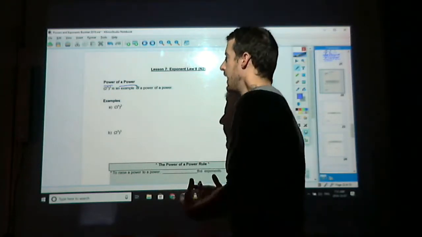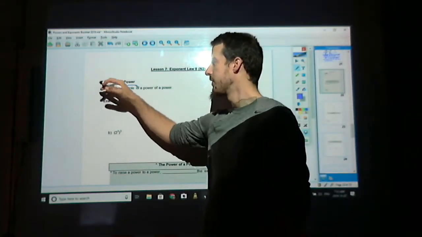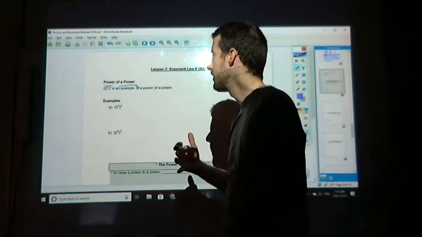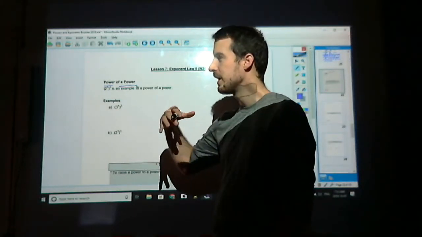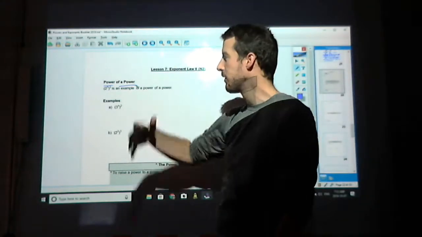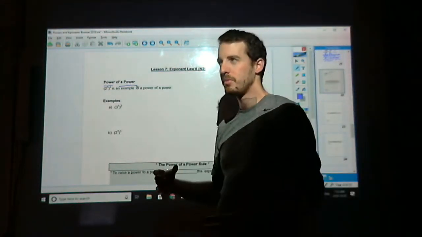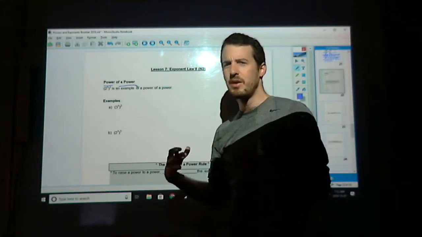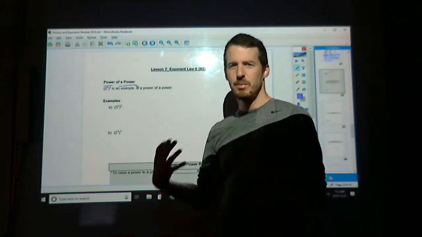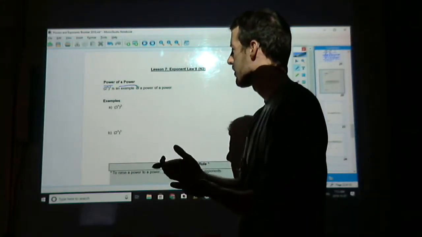Now we're going to have it all in one. So 2 to the power of 3, all of that to the power of 2. We can always do it step by step, but we're always in a mathematician's mind of how can we do the least amount of work and simplify things to make the most sense. That's what we're going to be working on today.